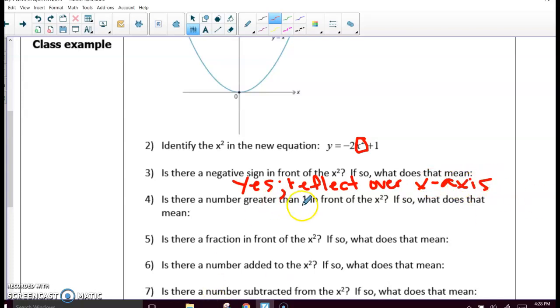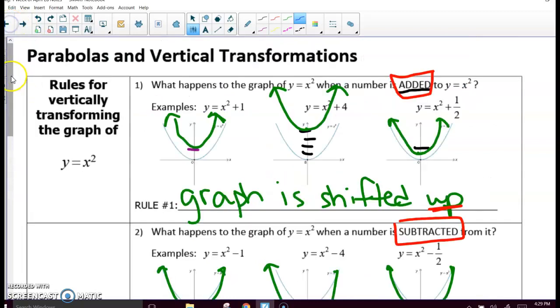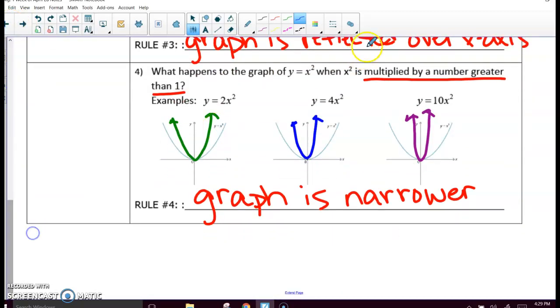Is there a number greater than 1 in front of the x squared? Is 2 greater than 1? The answer to that is yes. So what does that mean? Well, what did we find out above, or on the previous page? If we multiply by a number greater than 1, that means our graph is going to be narrower.